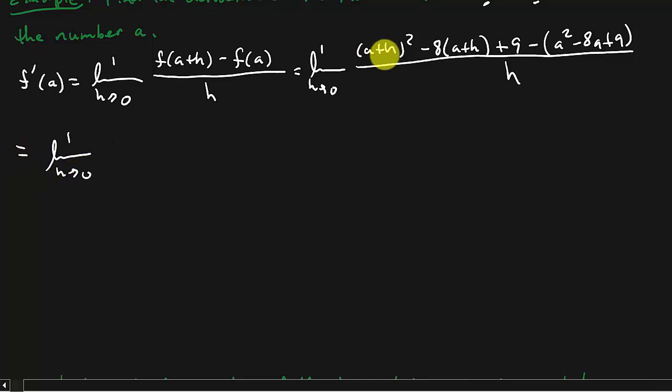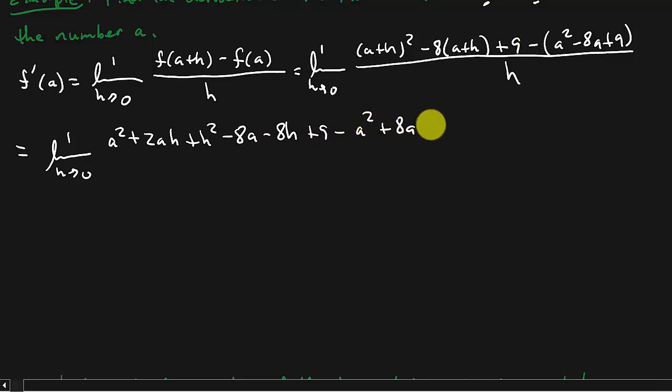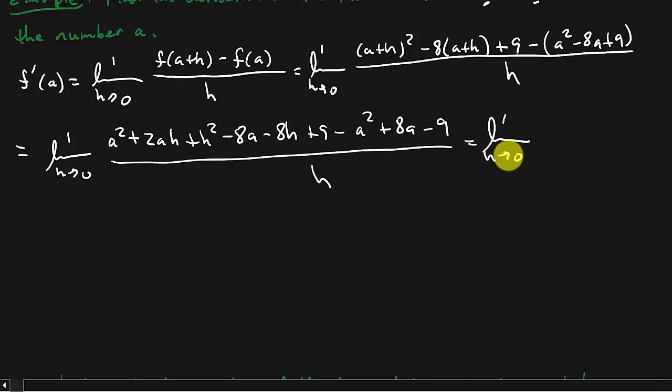I'm going to multiply this out. a plus h times a plus h, that's a squared plus 2ah plus h squared, minus 8a minus 8h plus 9. Then distribute the negative: minus a squared plus 8a minus 9, all that over h, and that's the limit as h goes to 0.